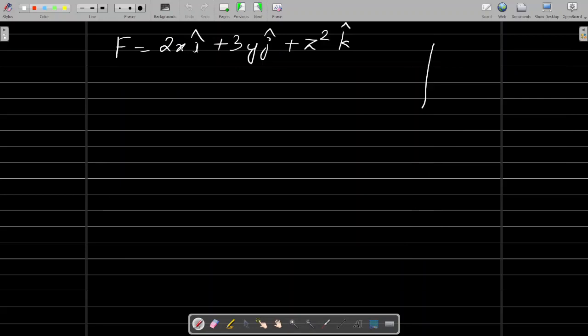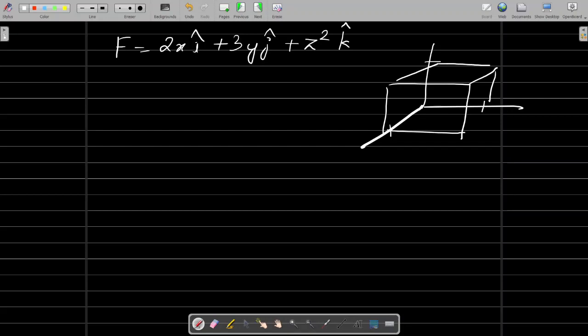So they have given you the unit cube. The unit cube is a cube with sides 1. If I draw it, suppose this is the cube, you have the unit cube something like this. All the sides are 1.